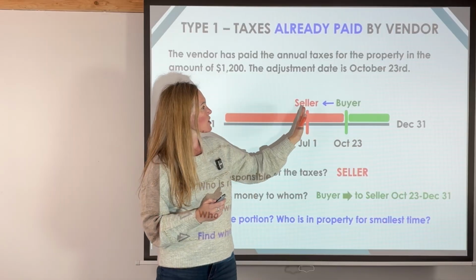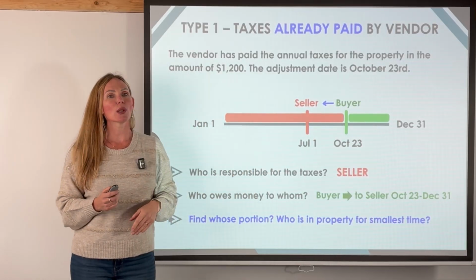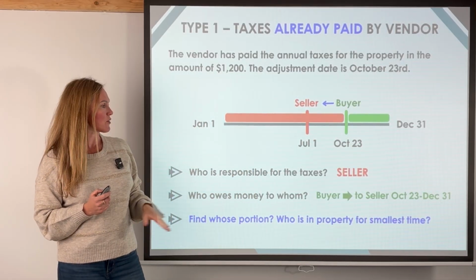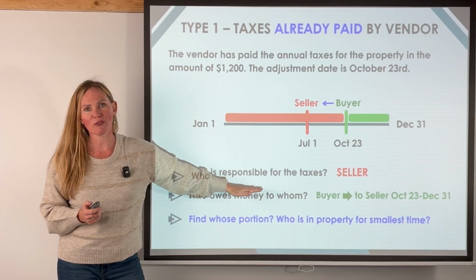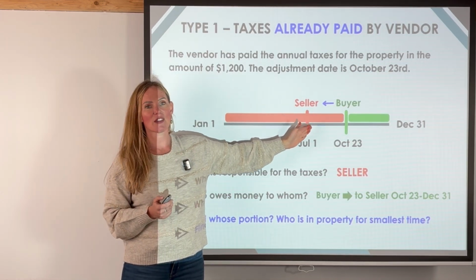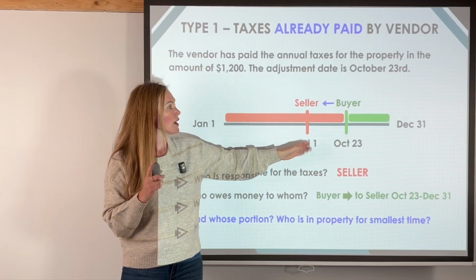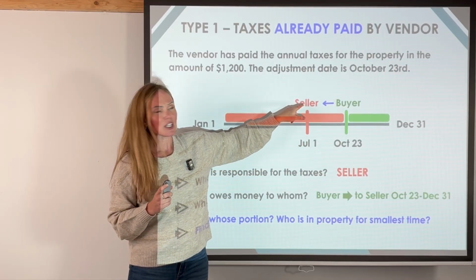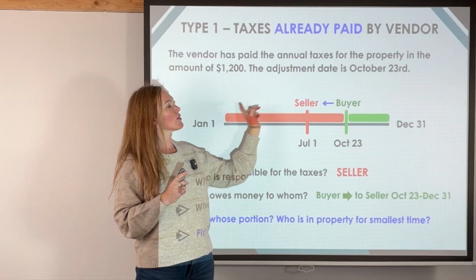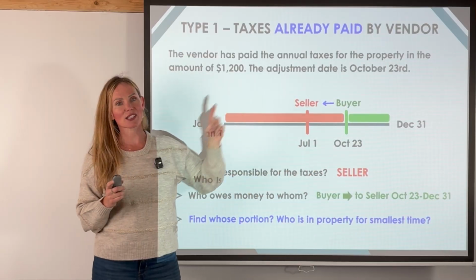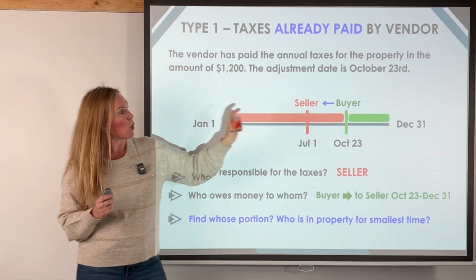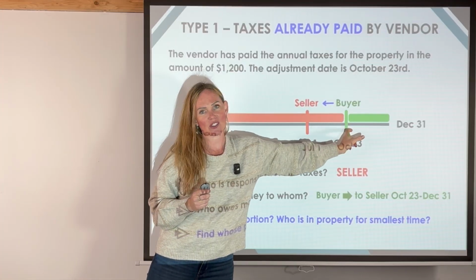So your first question, you always want to ask yourself, who lived on the property on July 1st? Who was responsible for those taxes on July 1st? That is the first question you ask yourself. And if it's the seller who lived in here, that means he was responsible to pay the taxes for the whole year, okay? Whoever has the shortest dates on the line.